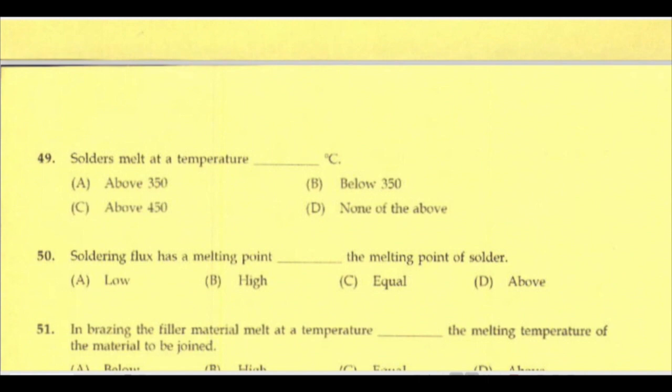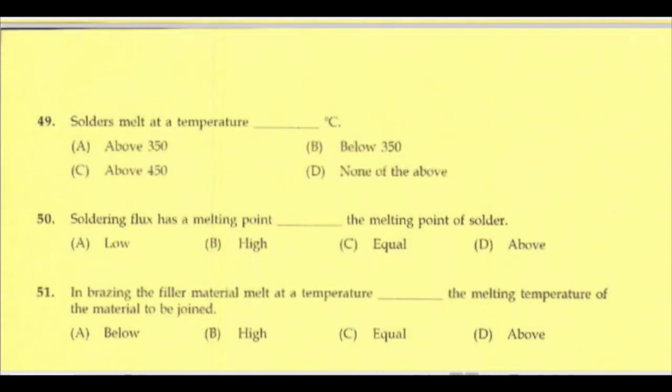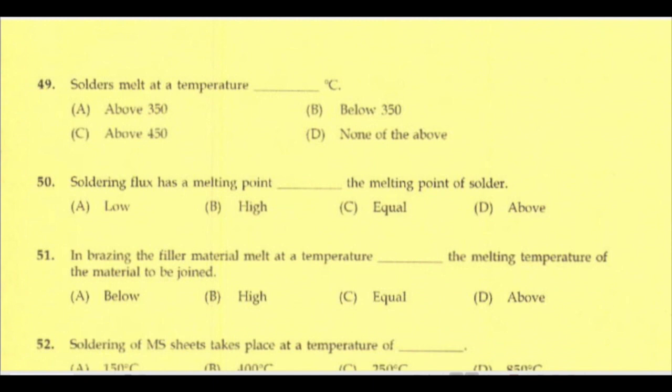Solders melt at a temperature of how many degrees? The temperature range of the soldering process is below 350 degrees Celsius. So the answer is below 350 degrees, or 660 degrees Fahrenheit.